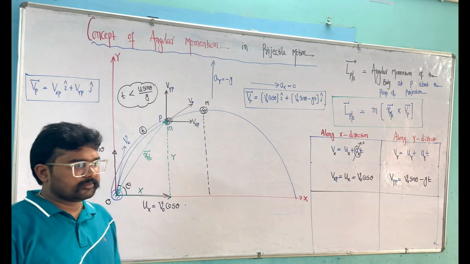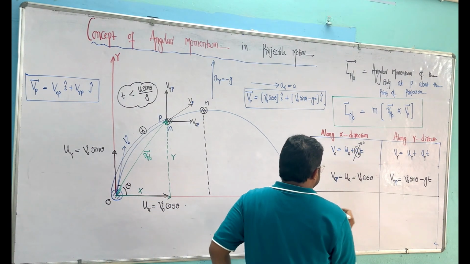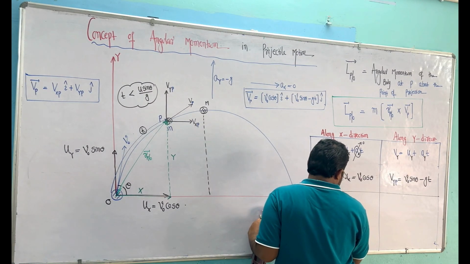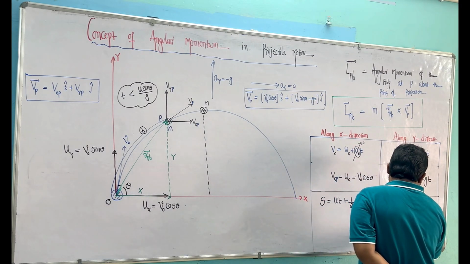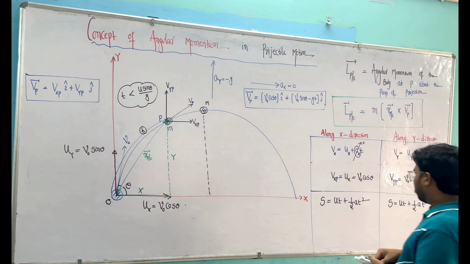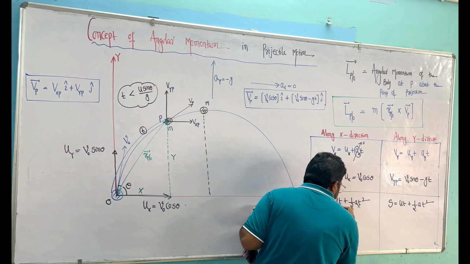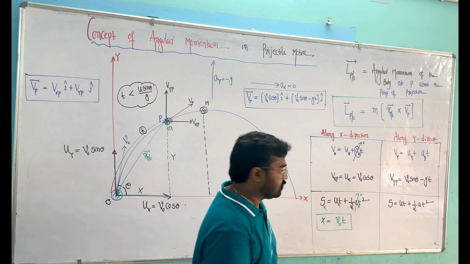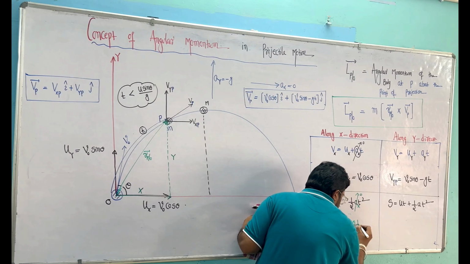Understood? Are you following or not? Using s equal to ut plus half a t square, what do you get? x is equal to V naught cos theta t, since the acceleration along x is 0.